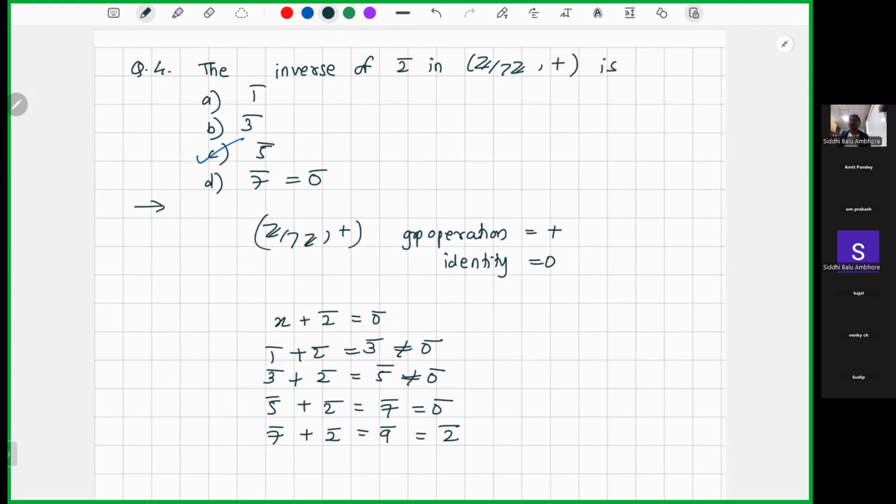Once you have an inverse for some element, that's the only inverse it has. Inverse is always unique in a group. Okay, and next, we'll try to solve the next question. Yeah, this one.